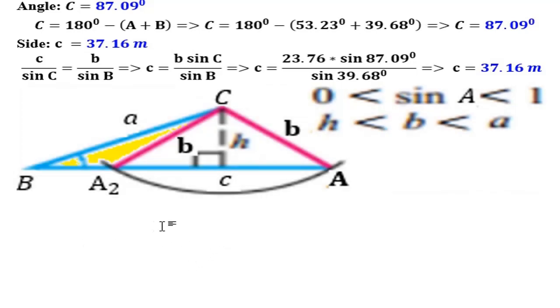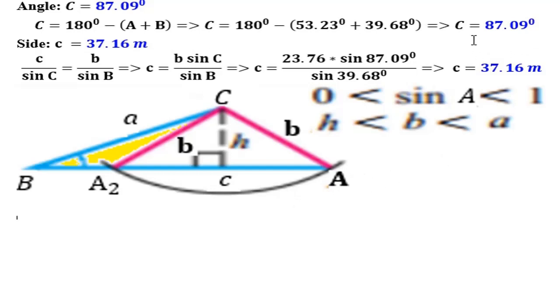And that is the first triangle. So we found side C, which is this long from B to A, that is side C, that is 37.16.